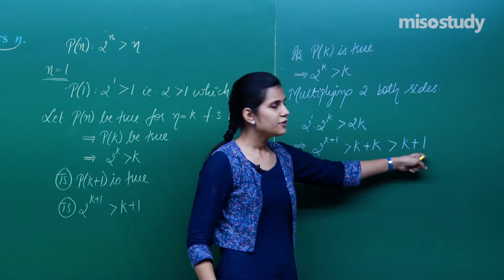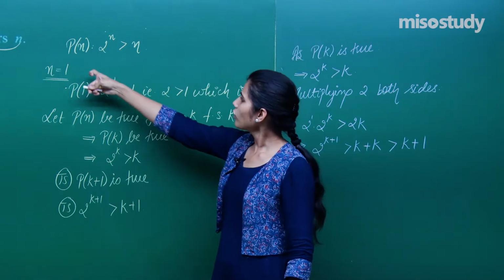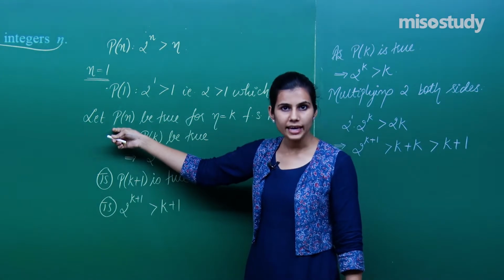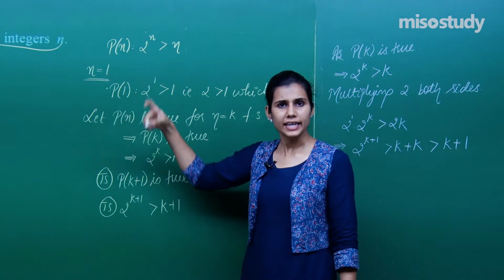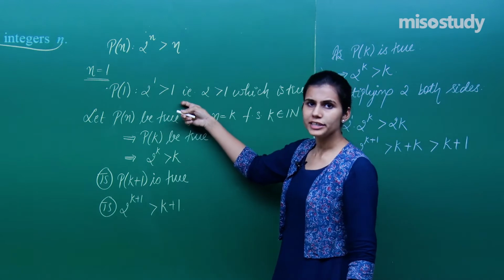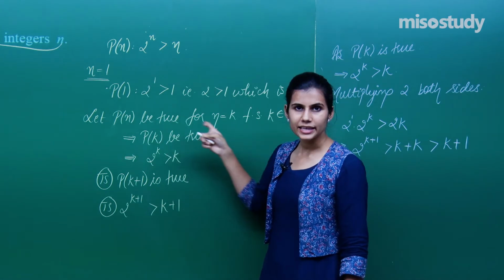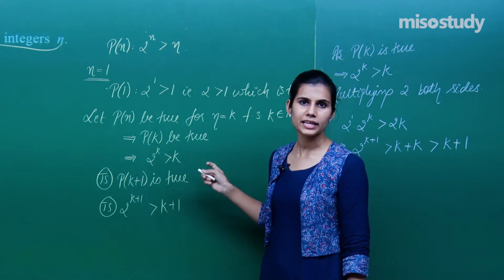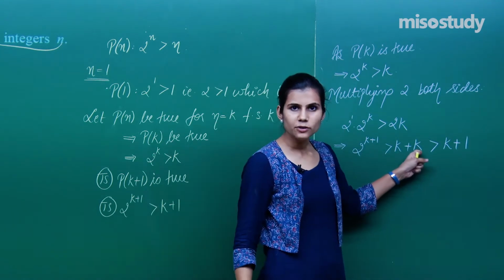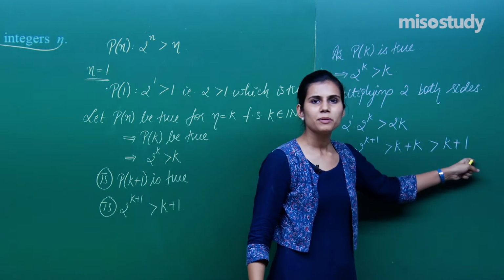So k plus k is always greater than or equal to k plus 1. Is it okay? See, for 1 already the statement is true. If I am assuming that it is true for some k, k is obviously different from 1, greater than 1, because for 1 it is already true. If k is greater than 1, k plus k is greater than k plus 1.